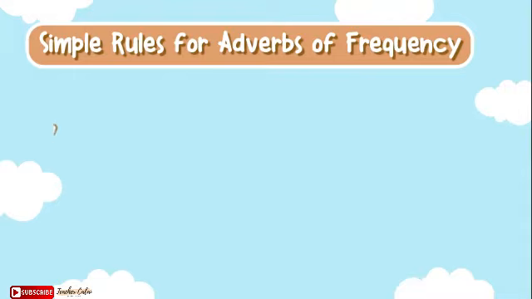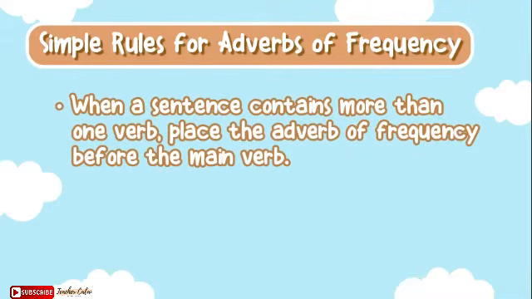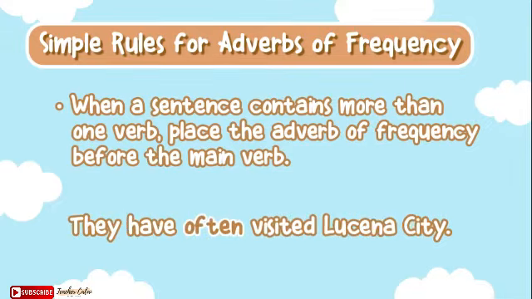Next, when a sentence contains more than one verb, place the adverb of frequency before the main verb. Example, they have often visited Lucena City. The adverb used in the sentence is placed before the main verb.